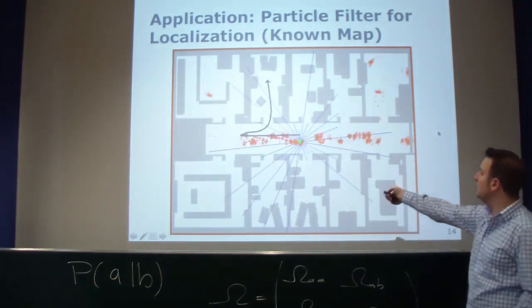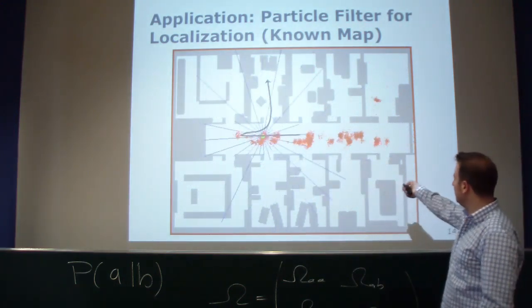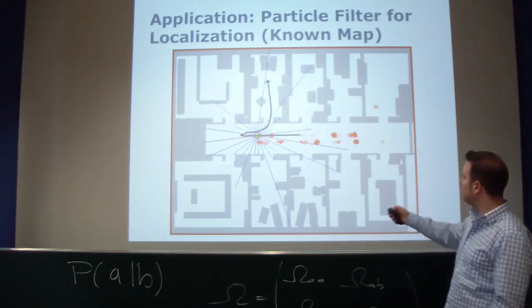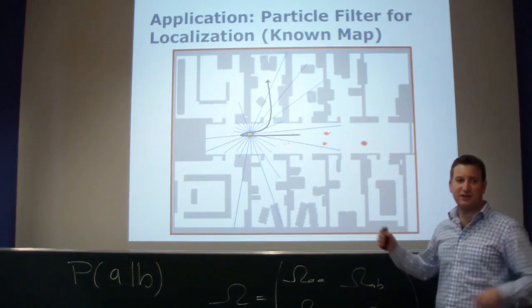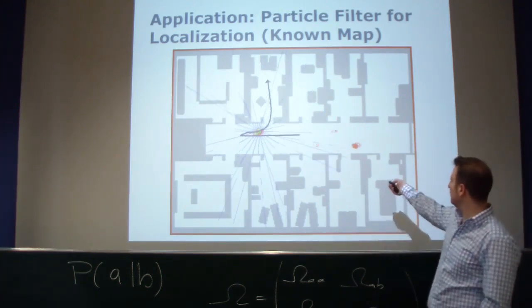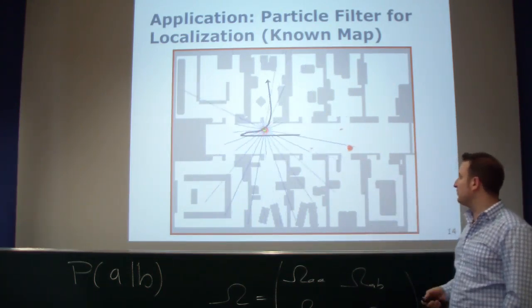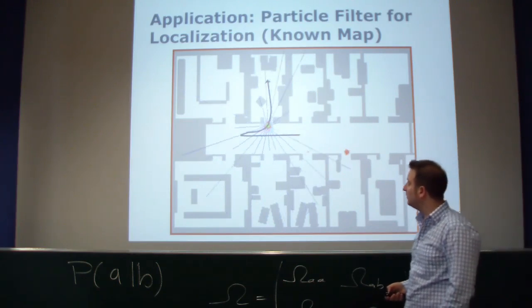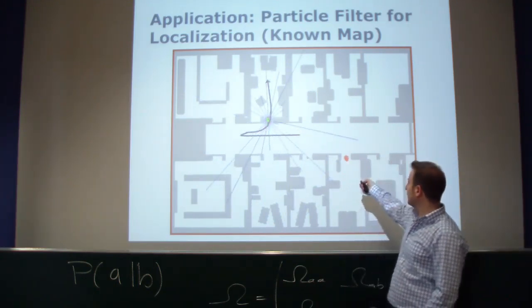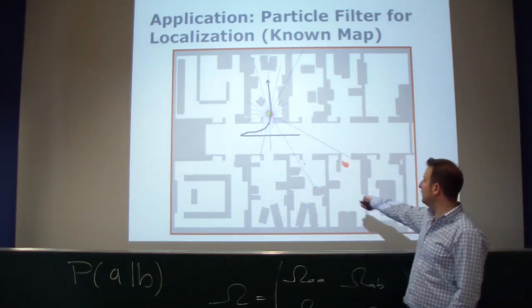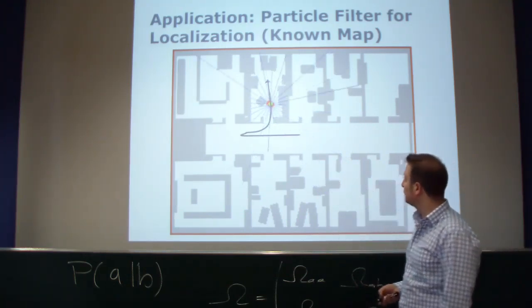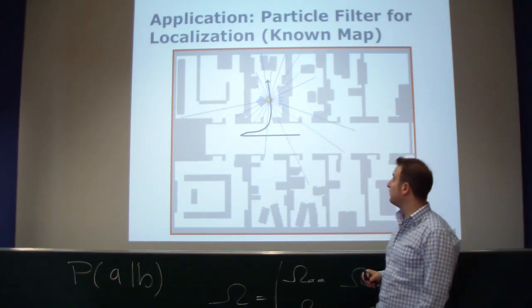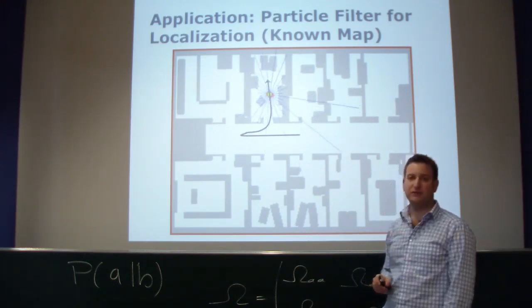After a few steps, all the probability mass concentrates in that corridor. At some point you see that only 2 hypotheses are left because the corridor is symmetric. Then the robot enters one of those rooms, and this particular cloud will die out because this room simply looks different from the room over here, and only the particle cloud here survives, and the system keeps progressing, estimating the pose of the robot.